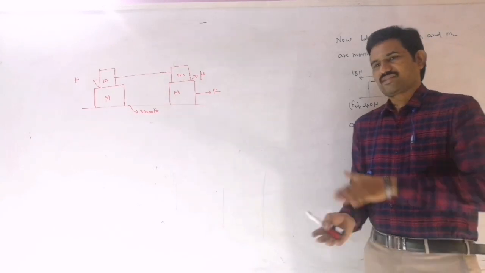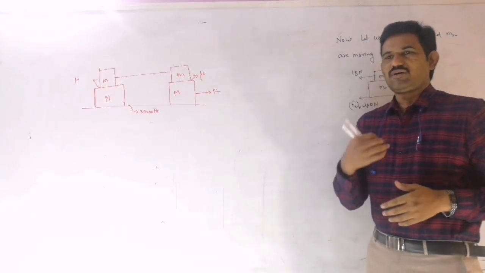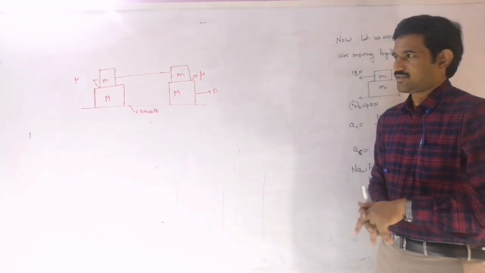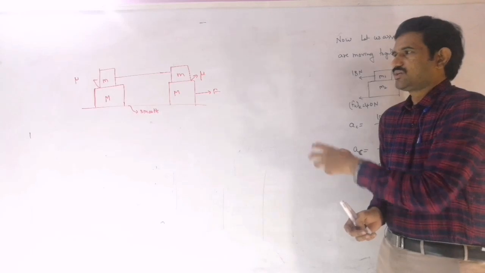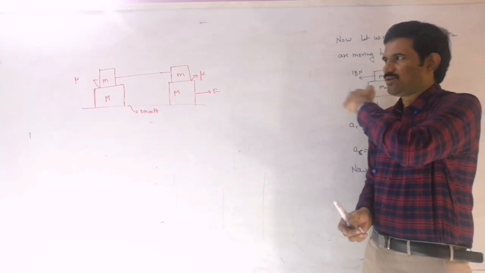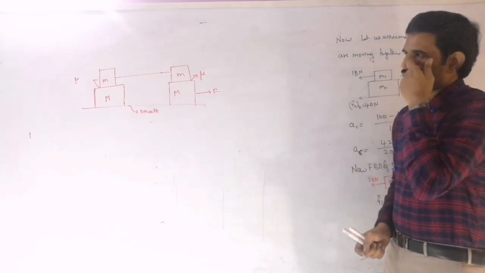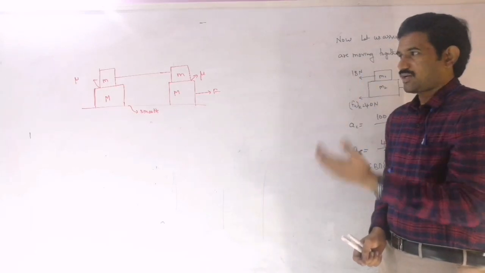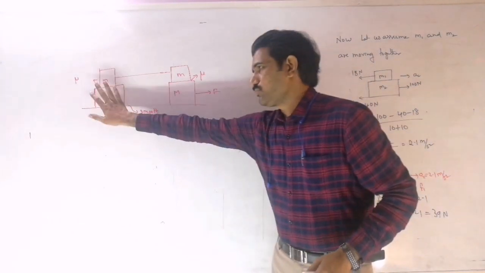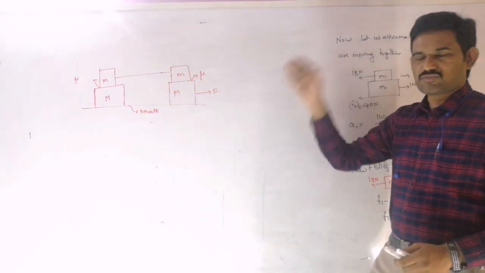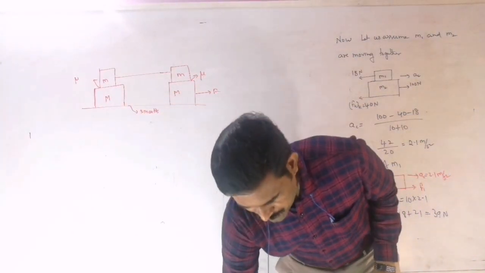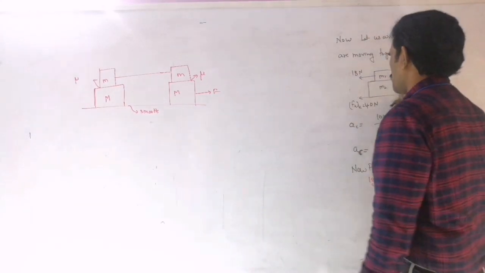Previously we discussed the common acceleration when the blocks are placed one above the other. Now here, in addition to that, there is some connection between the blocks, between the two different systems actually. So now our condition is all the blocks should move with the common acceleration. That means these two blocks and these two blocks, total 4 blocks, will move with the common acceleration there.